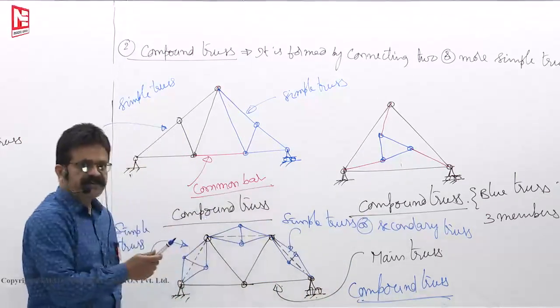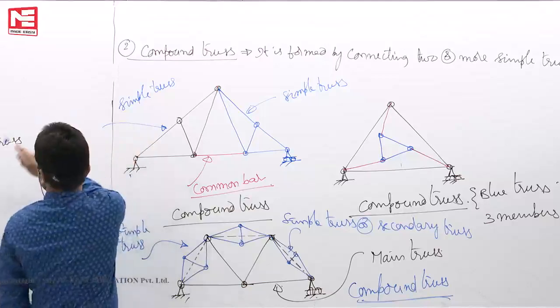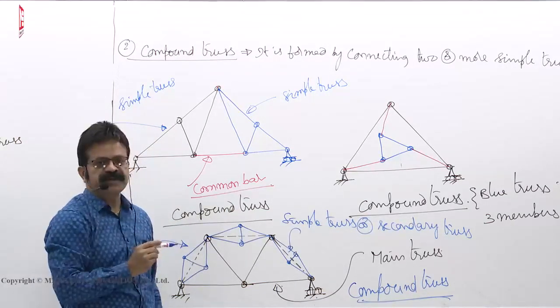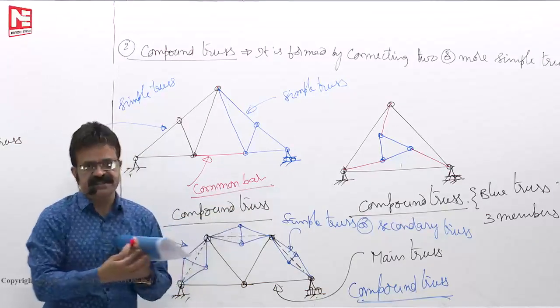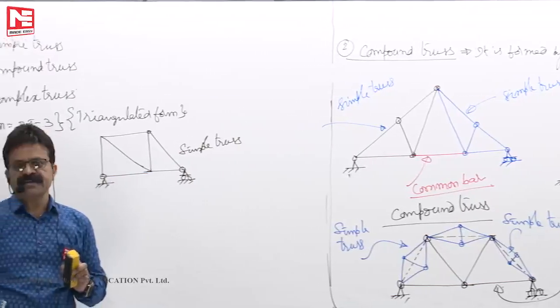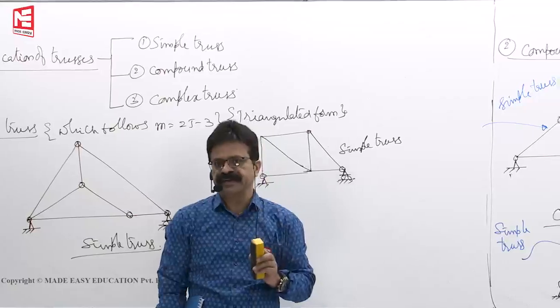If you cannot classify a truss as a simple truss or a compound truss, then such trusses we call them complex trusses. One complex truss problem also we have solved, where all the joints have a minimum of 3 members, but because the loading was symmetrical we could break that problem quickly.